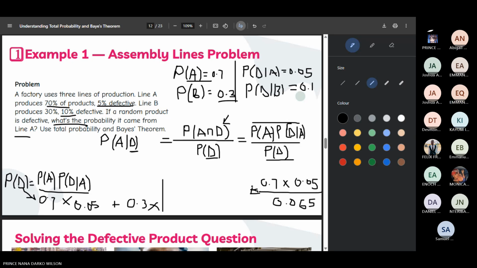Yeah, it's 0.5384. The line keeps breaking up, that's why. So it's 0.5384.